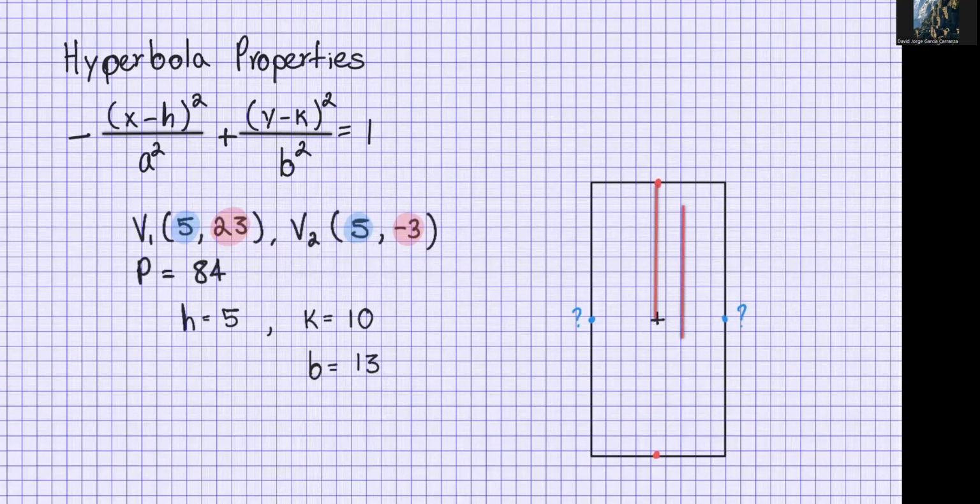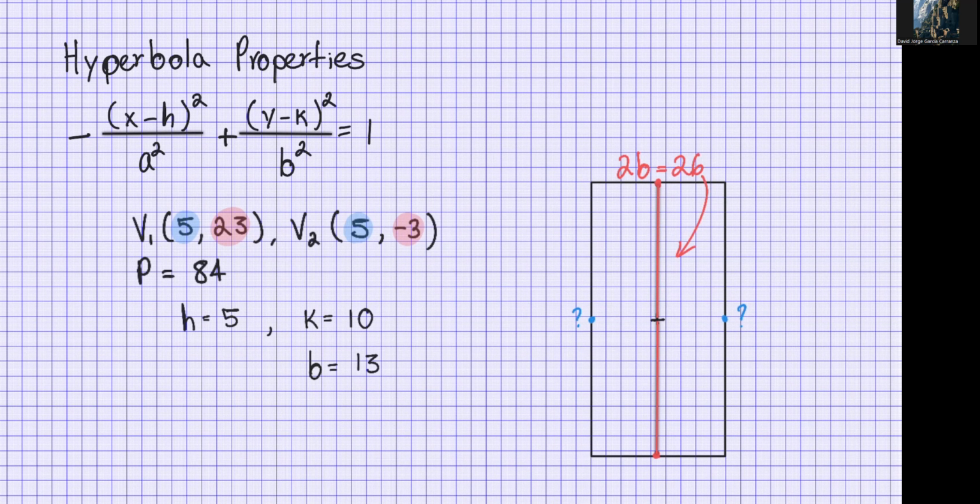Twice b will be the length of the transverse axis. So twice b will be in this case 26, and that is the length of this axis here. The length of this axis is also the height of this rectangle.